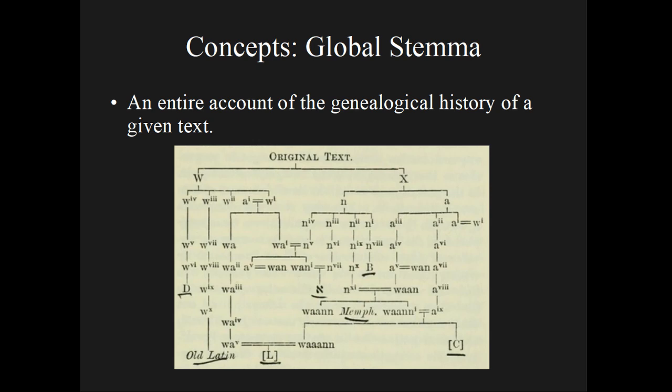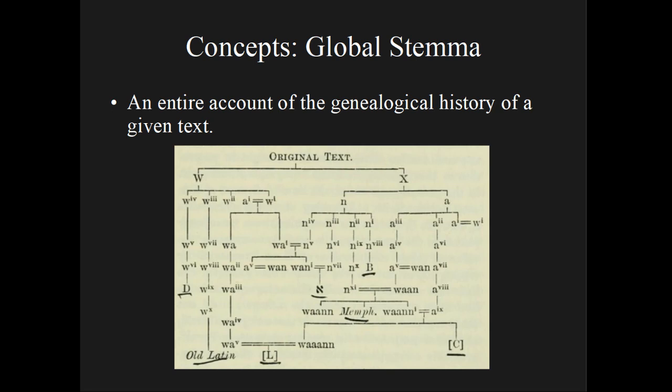But something that helps me to sort of remember that is that a stemma is when I'm asking what a local stemma is, or a substemma, or a global stemma, I am asking which manuscript or which text stems from the other, right? Which one is the offspring of the other, and that kind of helps me.